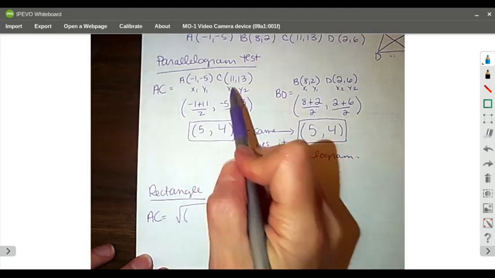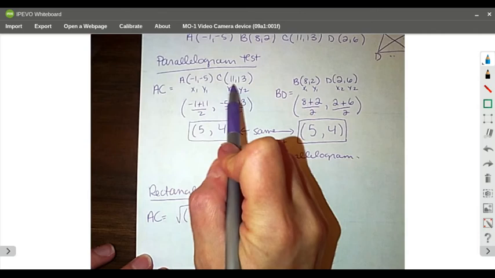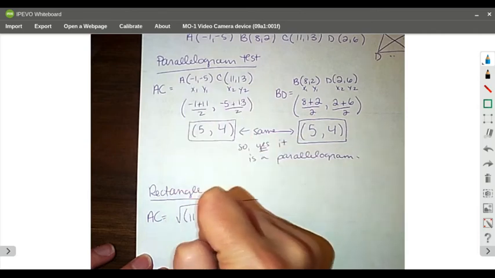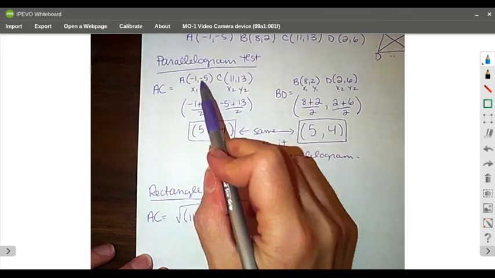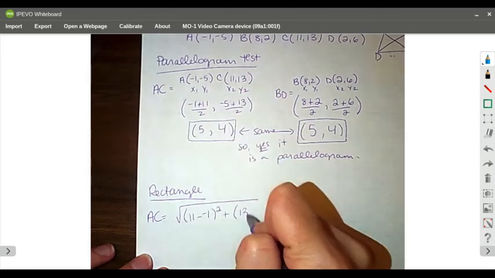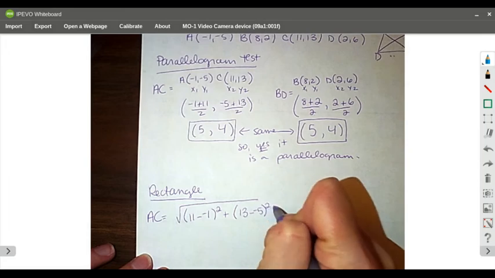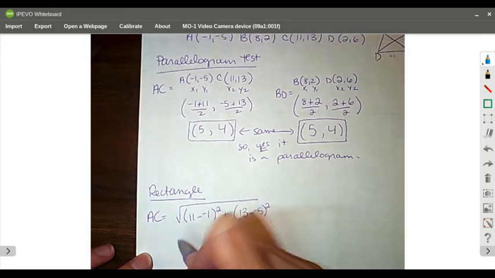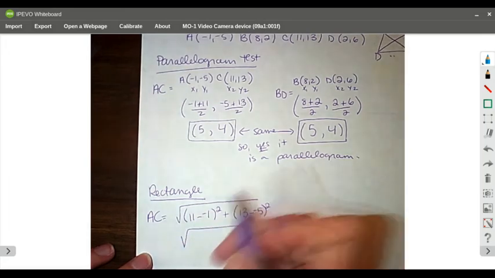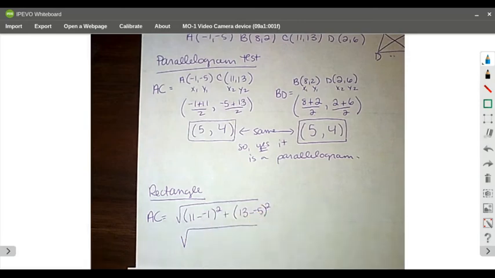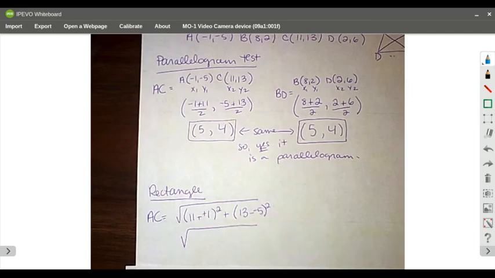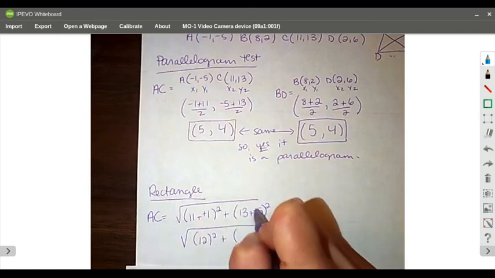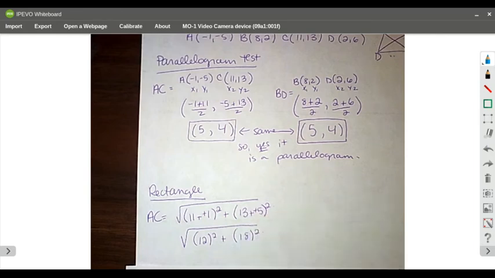So it's x2 minus x1, so 11 minus negative 1 squared, plus y2, 13 minus y1, 13 minus negative 5 squared. Okay, so 11 minus negative 1 is plus 1, so it's going to be 12 squared. And then 13 minus negative 5 is going to be 18 squared.